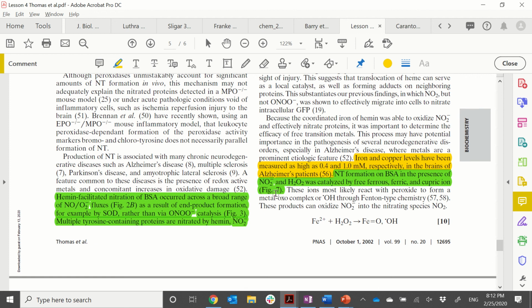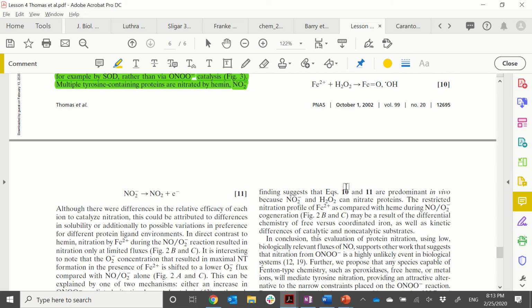So the authors are continuing to make the case that nitrotyrosine increases in the presence of metals, and they weave not only their own data from Figure 7 in this particular part of the argument, but also references from the literature where they discuss metal concentrations are higher in places where you might see nitrotyrosine residues, such as in onset of Alzheimer's. And so that is the goal.